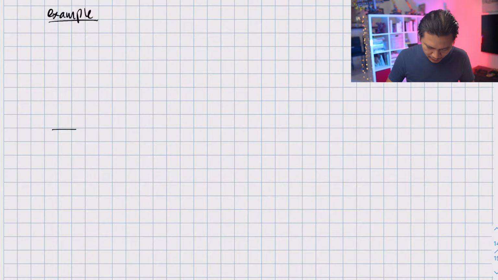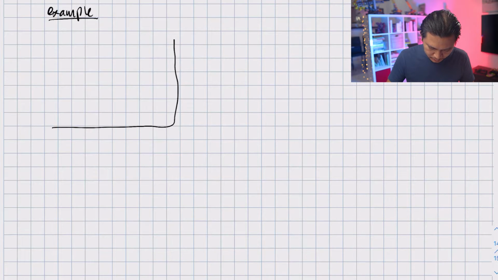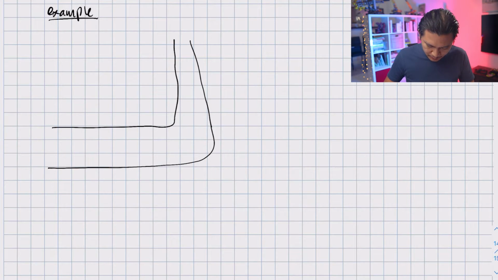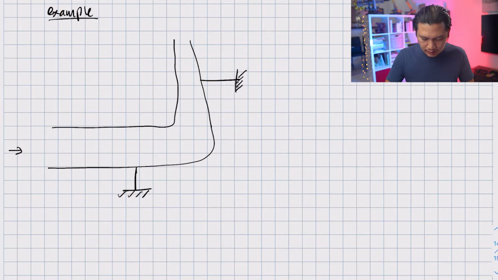Now, let's take a look at an example. If I have a pipe bend that looks something like this, and it has a different inlet and exit area, and this pipe bend is supported by two rods here and also here. The flow comes from this side and exits into the atmosphere at the other side.